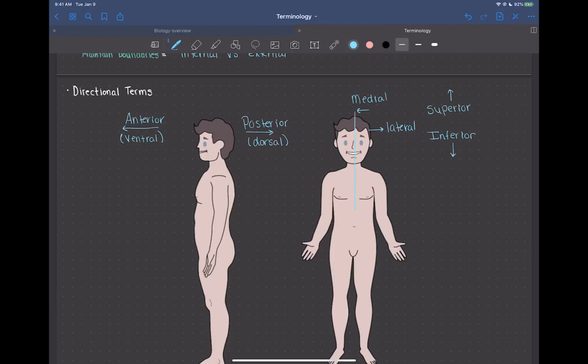And then, the next terms can be very confusing, so we're going to define them and I'll tell you when you should use them. So proximal and distal.